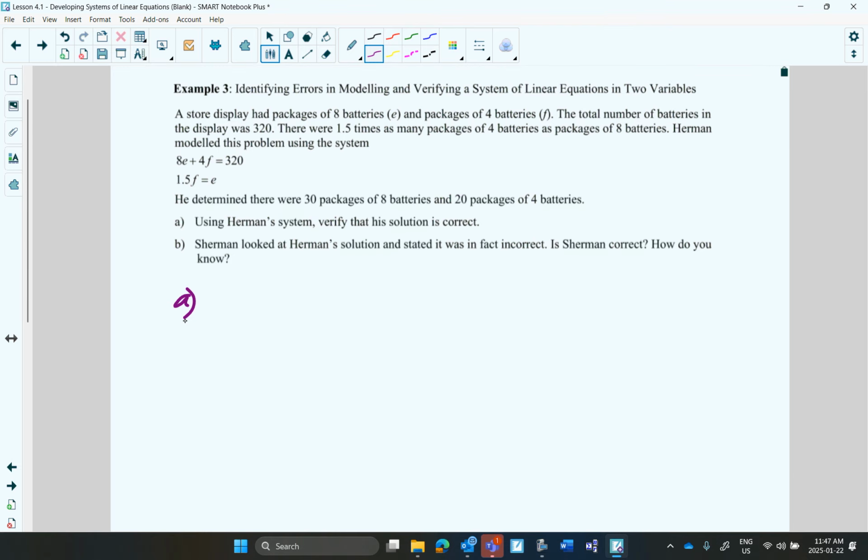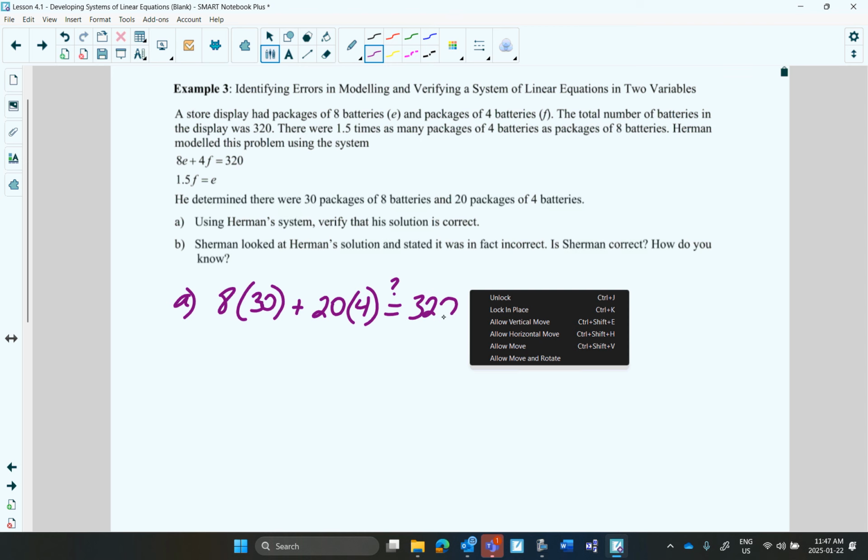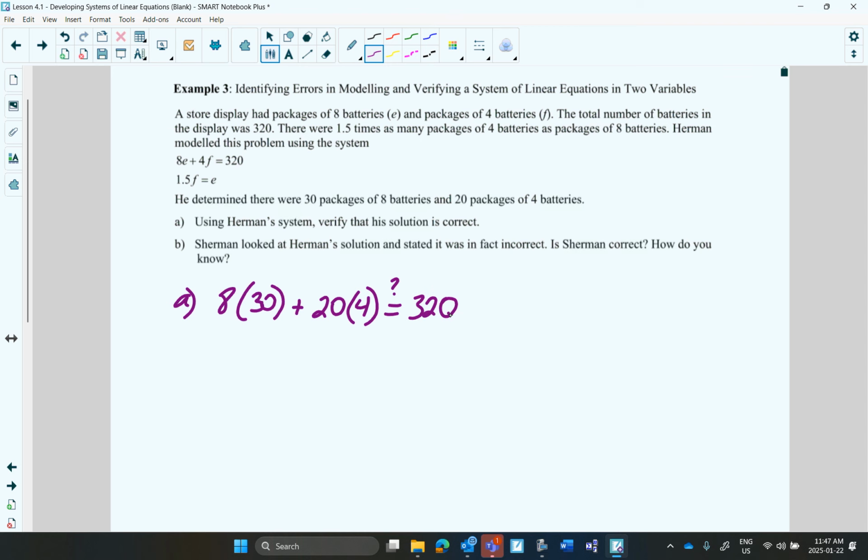So he does 8 times 30 plus 20 times 4 equal 320. This is 240, this is 80, add those together, we get 320. That's good. And that's 1.5 times the number of 4 batteries, which is 20, equal 30.